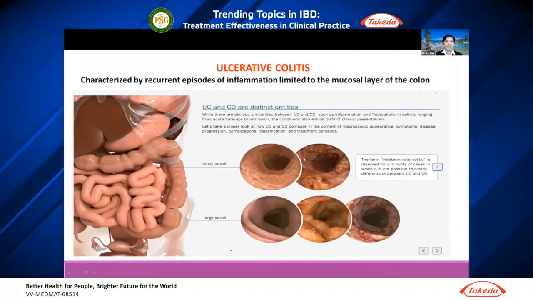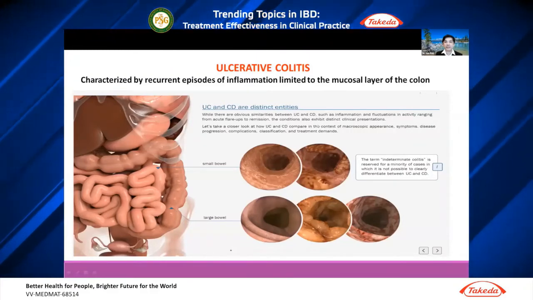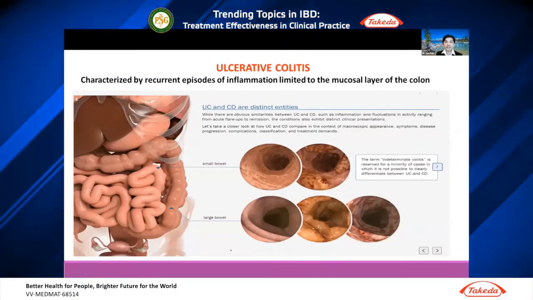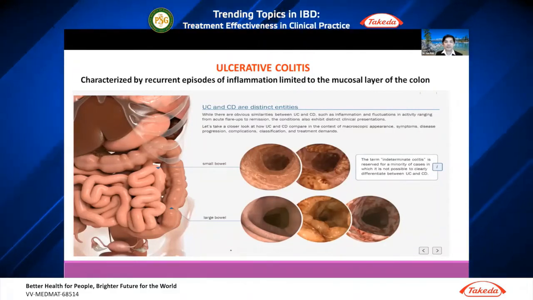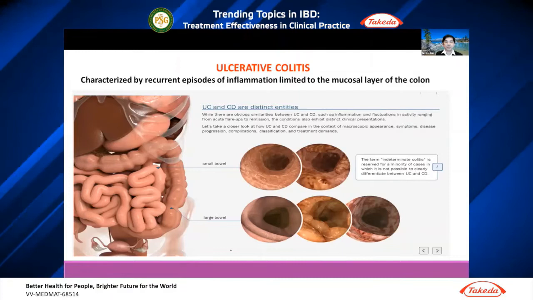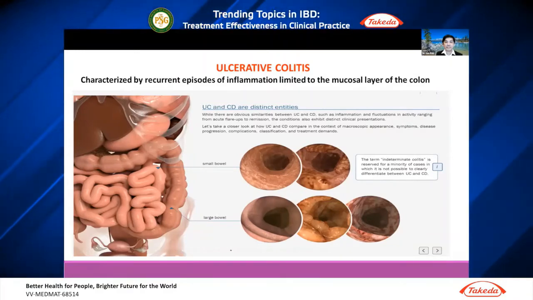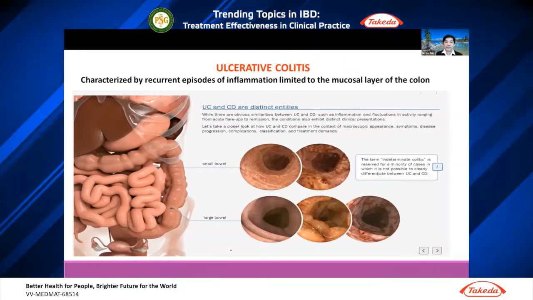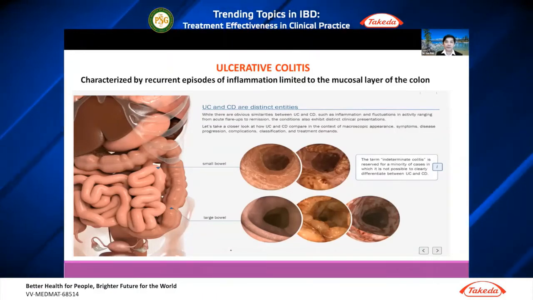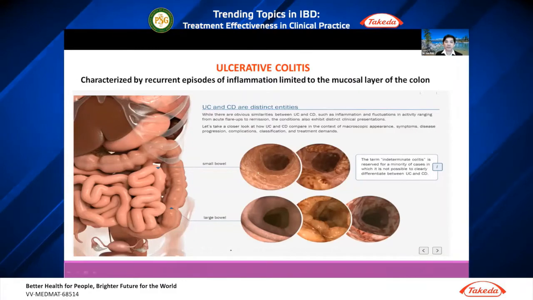So ulcerative colitis is characterized by recurrent episodes of inflammation limited to the mucosal layer of the colon. Despite obvious similarities between ulcerative colitis and Crohn's disease, they are actually distinct entities. If you have a patient with small bowel involvement, that's no longer ulcerative colitis.